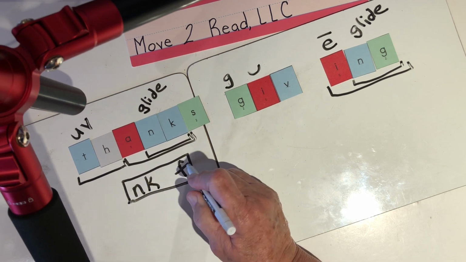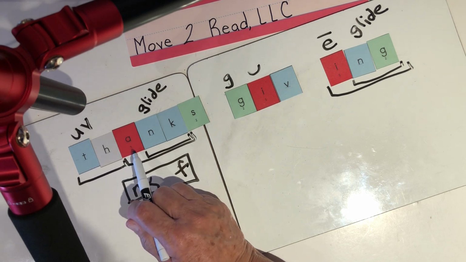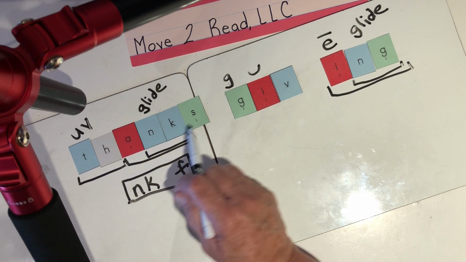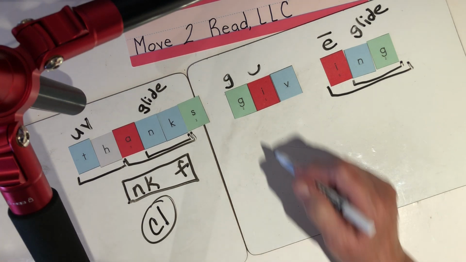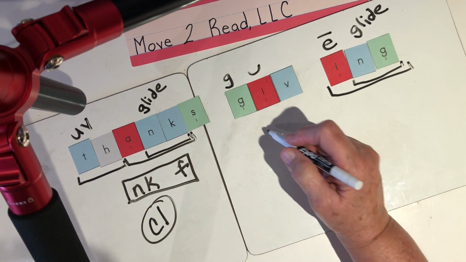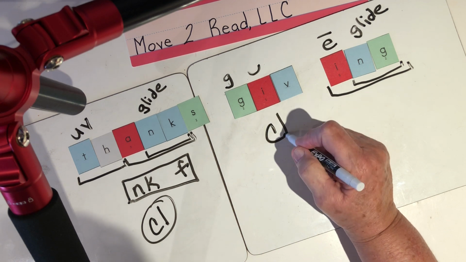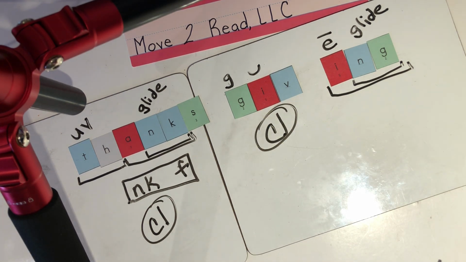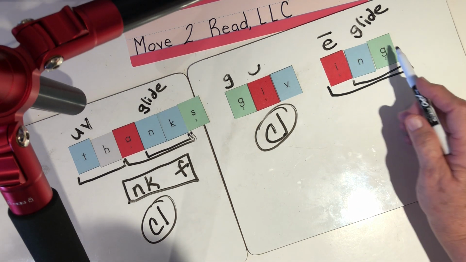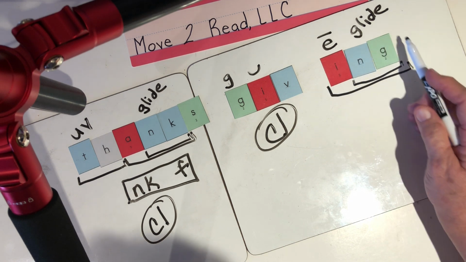We're going to mark down here NK family. We're going to look, where is that vowel? Oh, he's trapped. So it is a closed syllable. We don't have to worry about NK or NG in that syllable. Then we have our suffix or our ending.